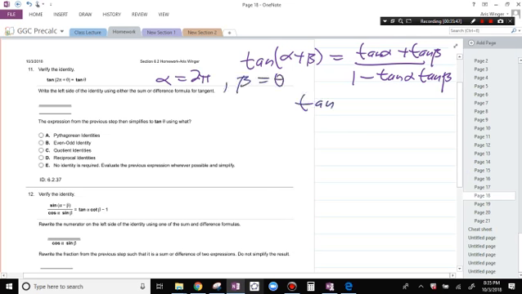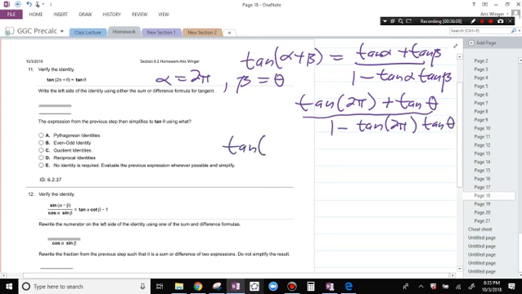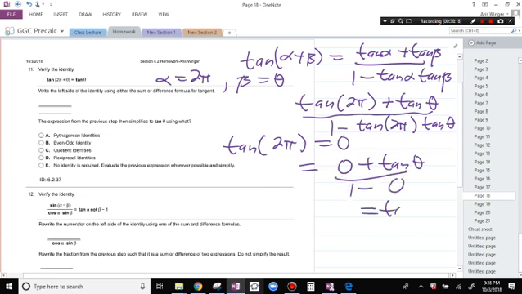It's the tangent of 2 pi plus the tangent of theta all over 1 minus the tangent of 2 pi times the tangent of theta. What's the tangent of 2 pi? Tangent of 2 pi is 0. This is equal to 0 plus the tangent of theta all over 1 minus 0. This is the tangent of theta.